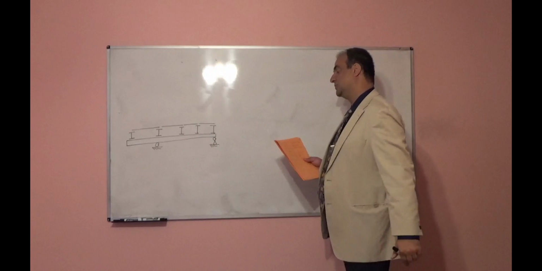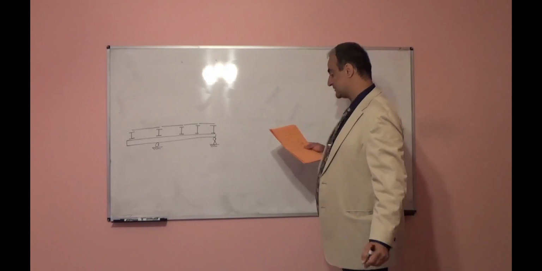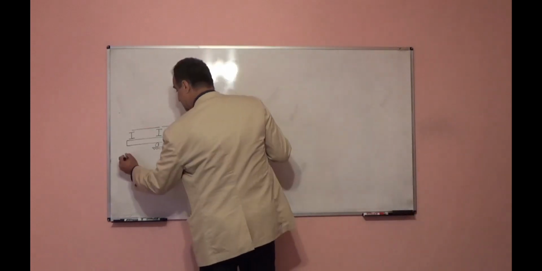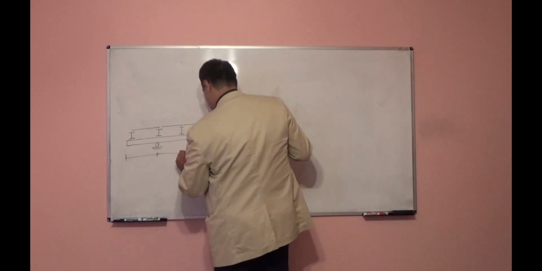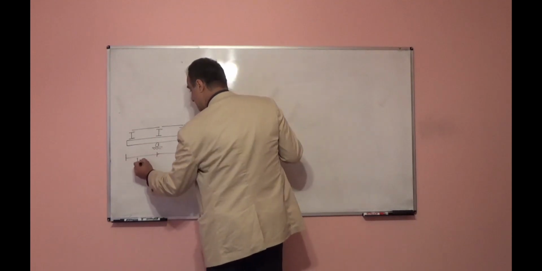If we want to draw the influence line for the girder, for example this girder, assume these are 10 feet each.